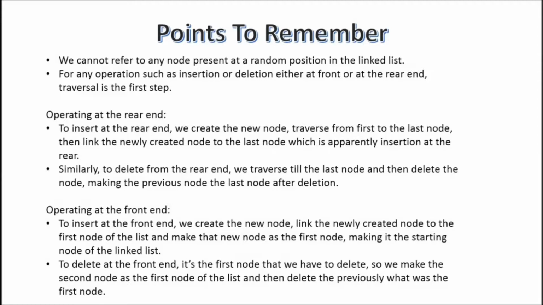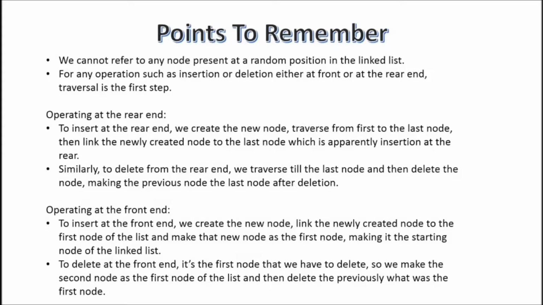Here, first you create the new node, link it to the first node of the list and then make the newly created node the first node. Just picture things in your mind and everything will make sense. That's how insertion at the front end of the queue or linked list is done.